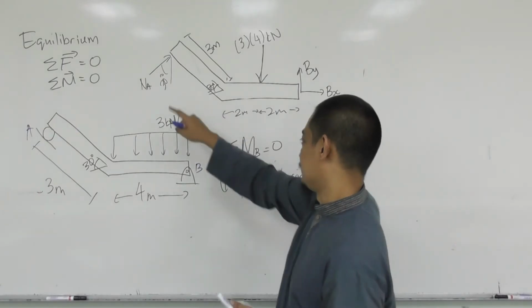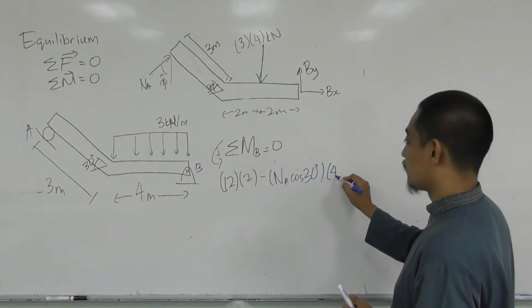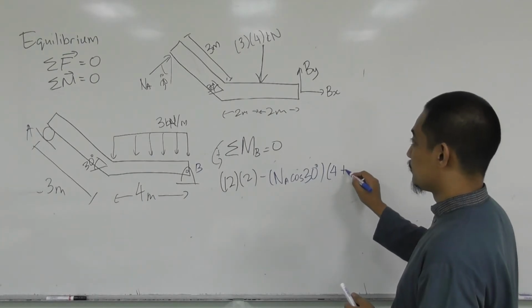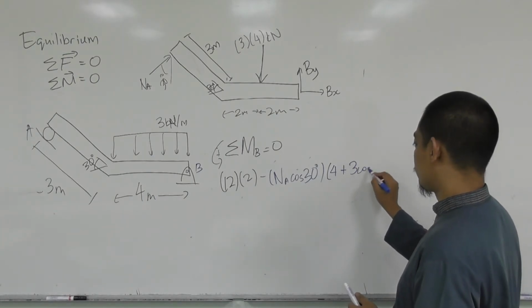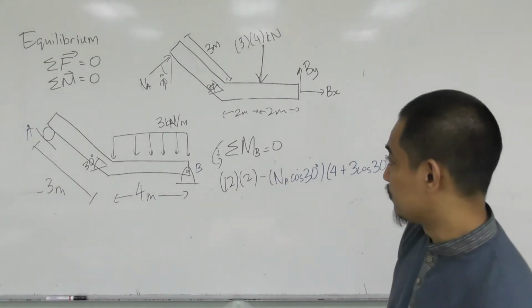So we have 4 plus 3 cos 30 degrees. Hopefully you can imagine that.